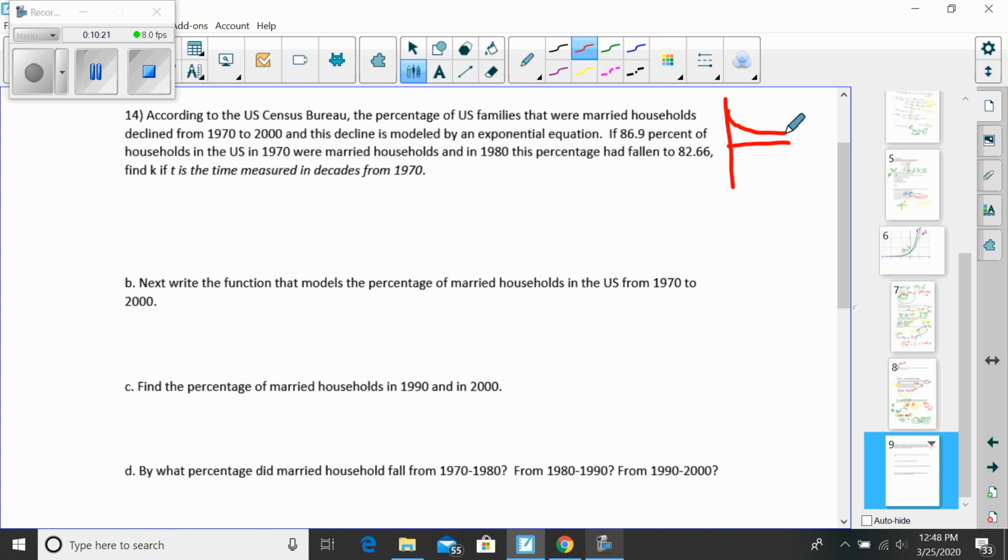Some people think when you hear exponential decline, you might think of it doing something else. That's not the case though. When we decline exponentially, we decline very quickly at the beginning and then level off.